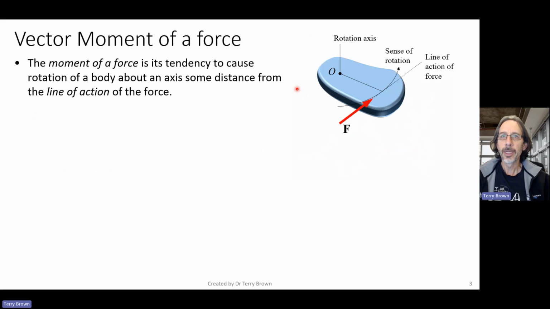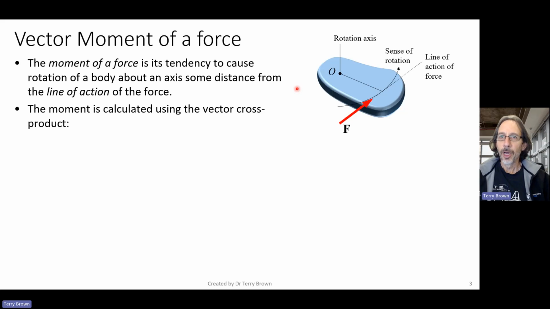All right, so just a reminder, the moment of a force is its tendency to cause rotation of a body about an axis some distance from the line of action of the force. And to calculate the moment in 3D, we use the vector cross product, which is M equals R cross F. Okay, so R is the position vector and F is the force vector.